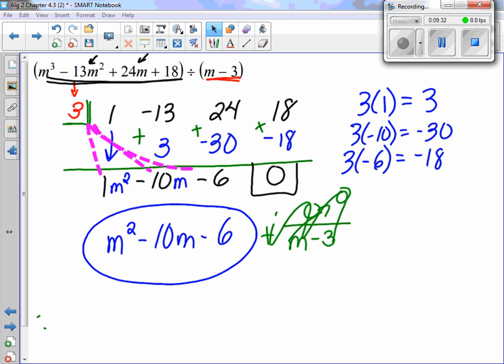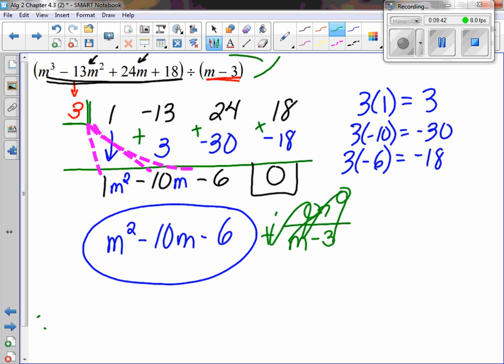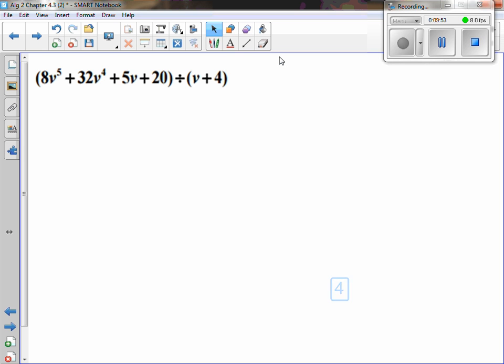I just did one with long division showing this, but this here is nicer, yes? This is nice as long as what we're dividing by is linear. It only has a power of 1. We don't have a square on it. Okay, let's do another one.